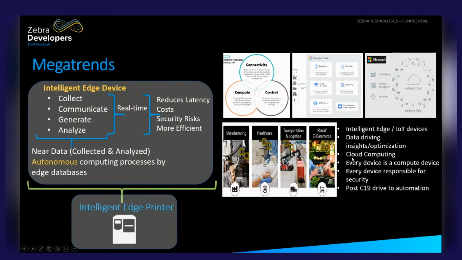Why? Because as you see, we have been pushed harder with the post COVID-19 situation to make everything autonomous and without contact. That's even pushing harder all of the big electronic corporations to make things better and more autonomous. How are we planning to do this at Zebra?